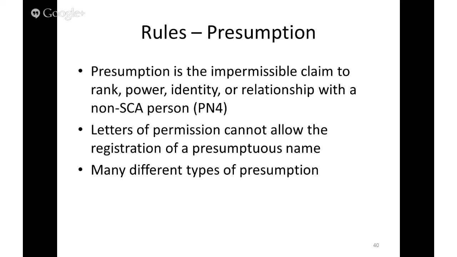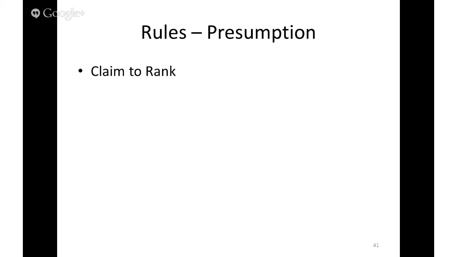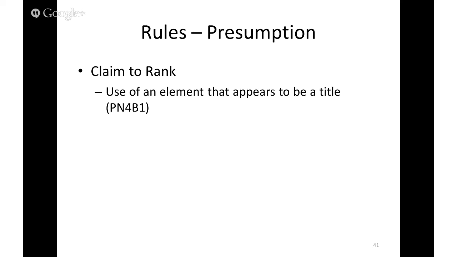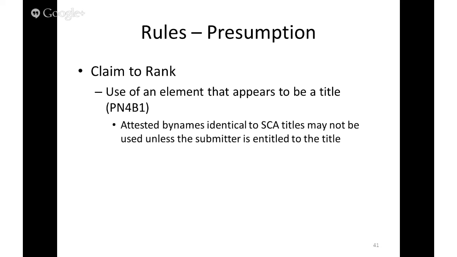And there's lots of different types of presumption. We're going to hit most of them in here. So, first is a claim to rank. You cannot use an element that appears to be a title. And here's what we mean. If you have an attested byname that is identical to an SCA title, you cannot use it unless you're entitled to the title.